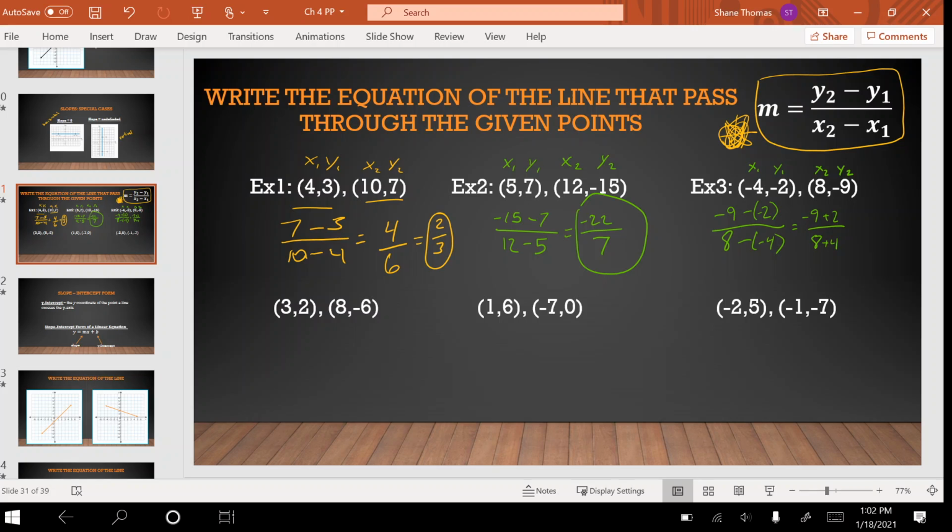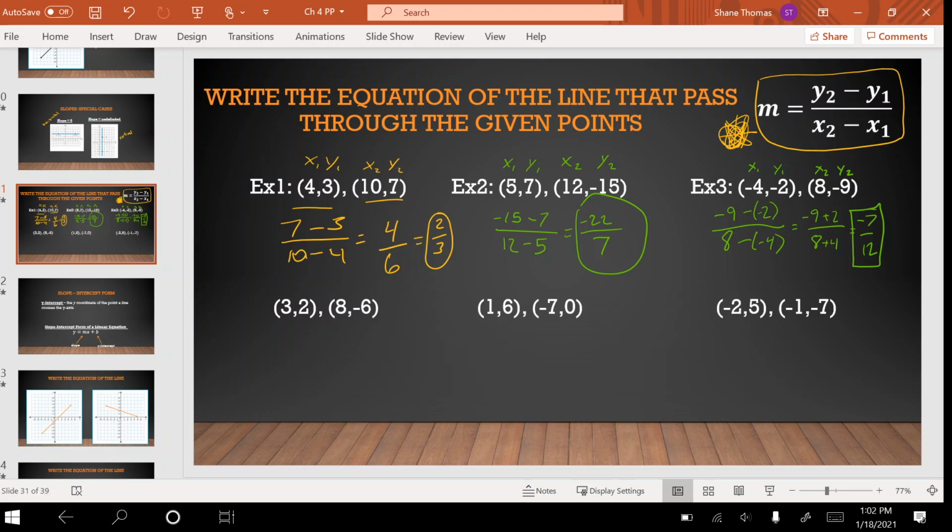What's negative 9 plus 2? Negative 7. What's 8 plus 4? 12. Doesn't simplify. I'm done. So be careful on the negatives there. All right?